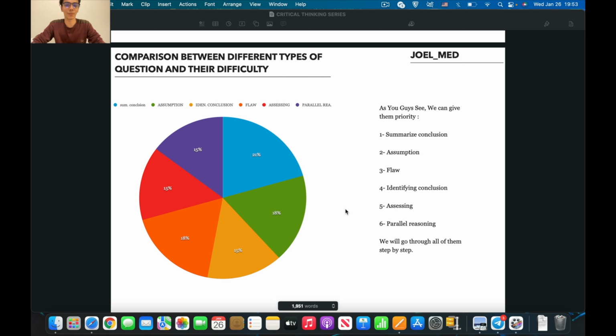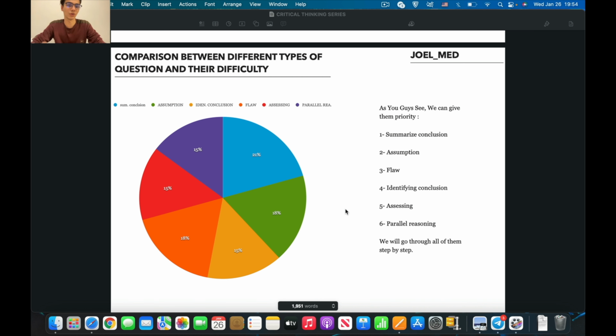The first one is summarizing the conclusion, which is much more difficult, and also you can learn it easily compared to others. The next one is assumption and flaw, and then identifying conclusion, and then all of them in a row. We will go through all of them step by step.